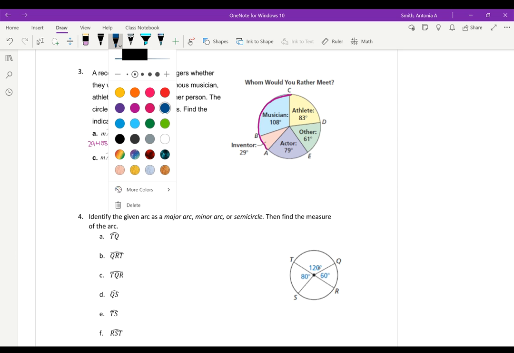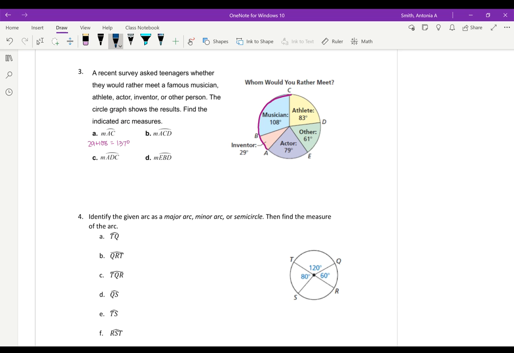Next, it wants the measure of arc ACD. So from A going around, let me redo that one. A going around to C and then to D. That's just the pink, the blue, and the yellow now.